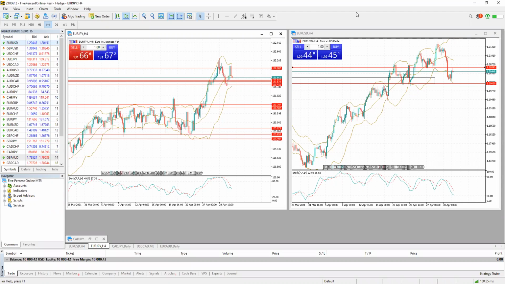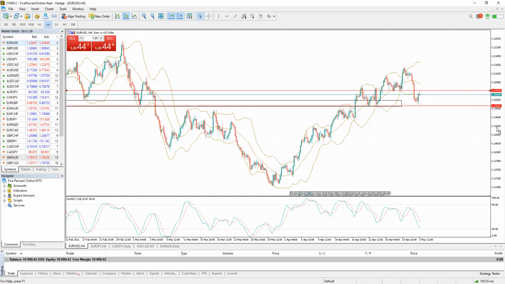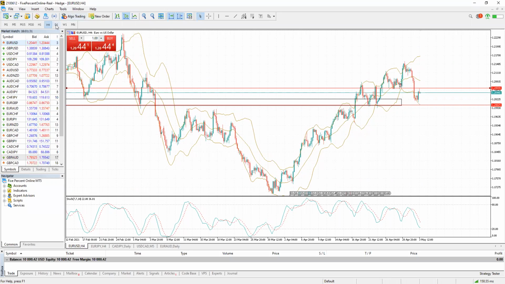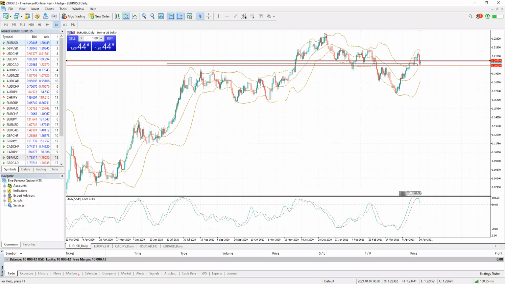Okay, so we will start with the major pairs today. The euro dollar made a great sell-off on Friday, and we'll try to see what kind of conclusion we can take on that chart. In December it made a nice point here and then tried to go down just over there.